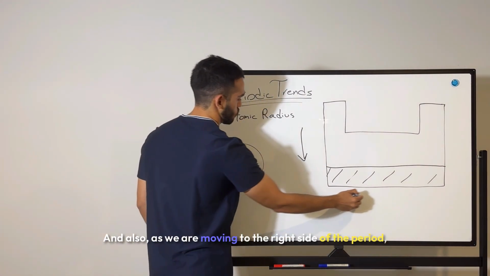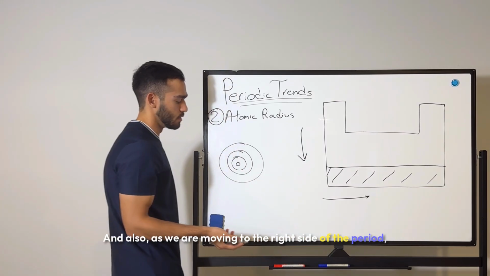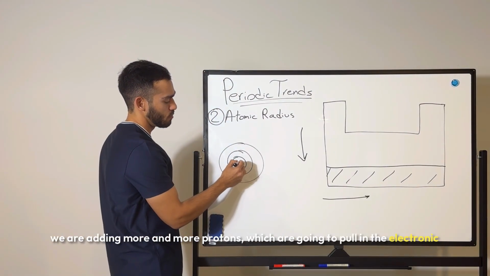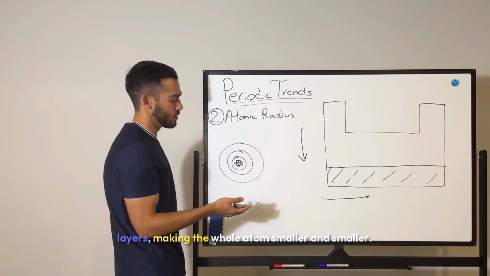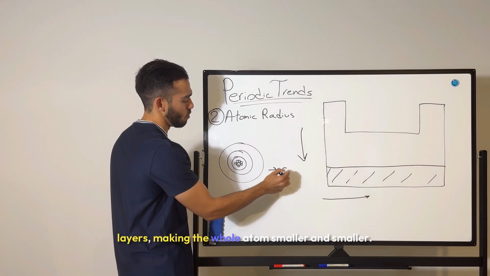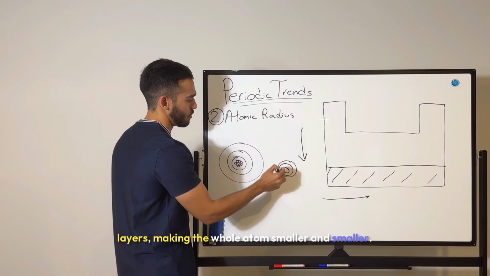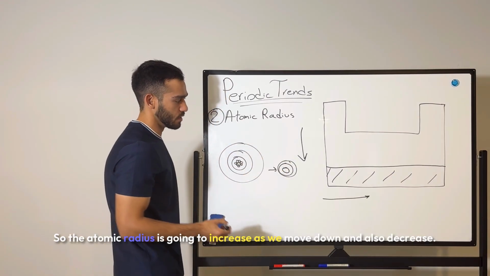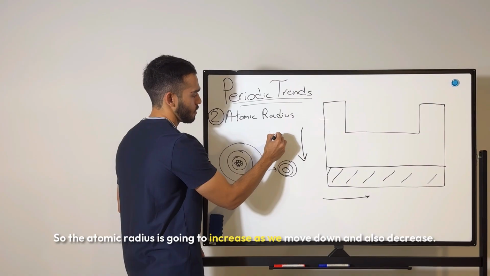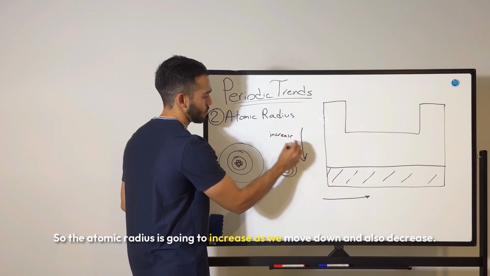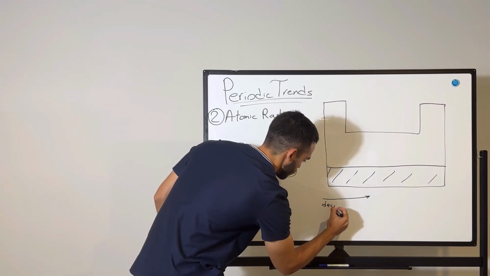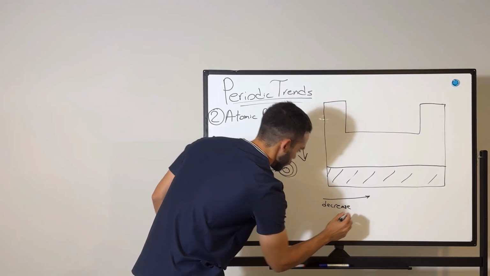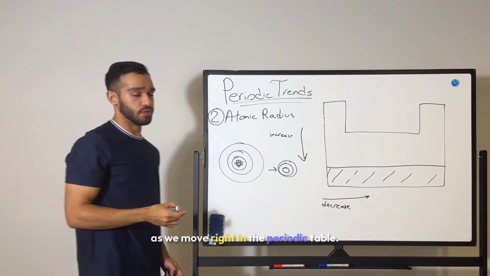And also, as we are moving to the right side of the period, we are adding more and more protons, which are going to pull in the electronic layers, making the whole atom smaller and smaller. So the atomic radius is going to increase as we move down and also decrease as we move right in the periodic table.